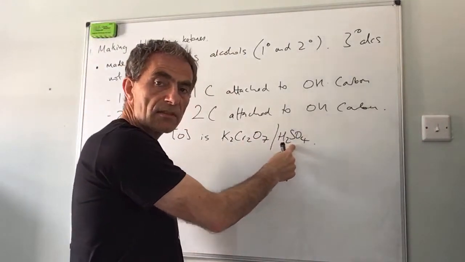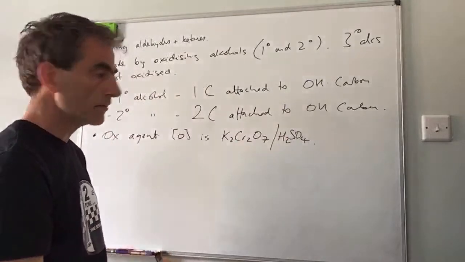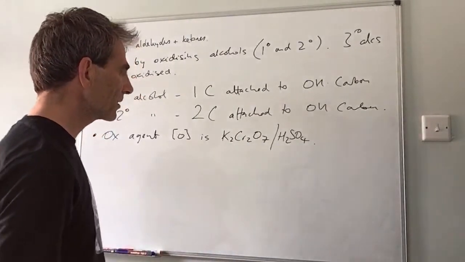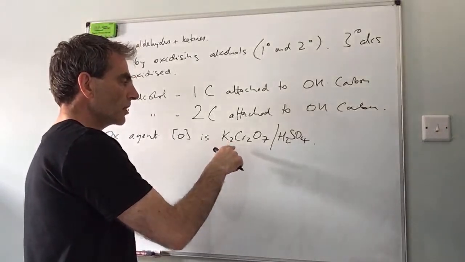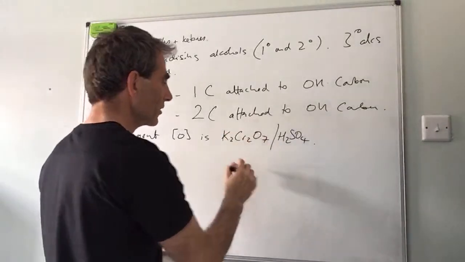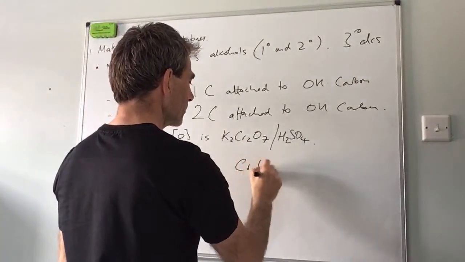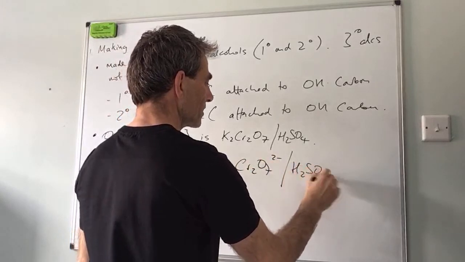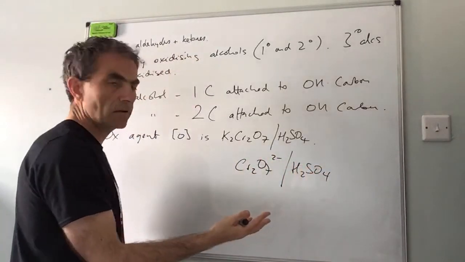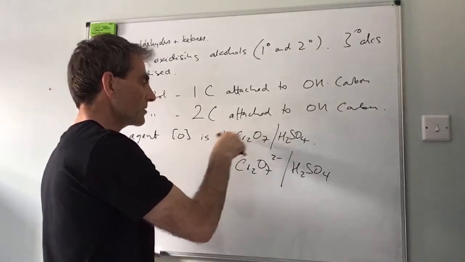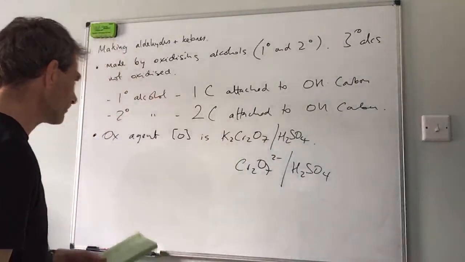You need to know that that's the acid used to acidify the potassium dichromate(VI). You could use sodium dichromate(VI), as long as you've got the dichromate(VI) ion, Cr2O7 2-, with some sulfuric acid, it's going to work. But the common one to use is acidified potassium dichromate(VI).